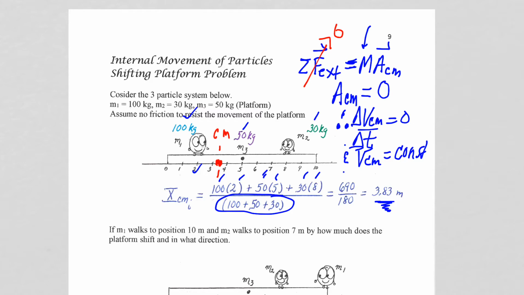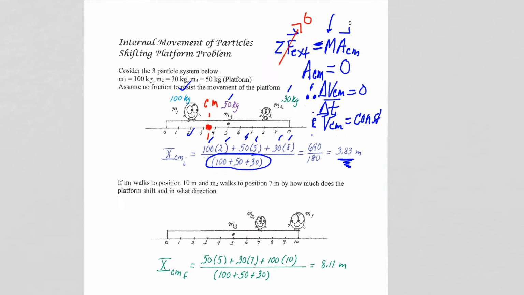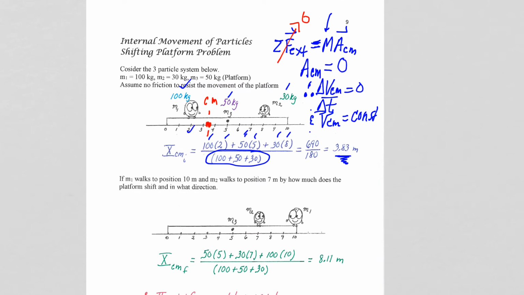As they walk and push off of the platform, as the M1 particle is going to move, let me use blue for M1. As M1 is going to move to the right, that person would have to take their feet, push off of the platform, and actually push the platform to the left as they go to the right.